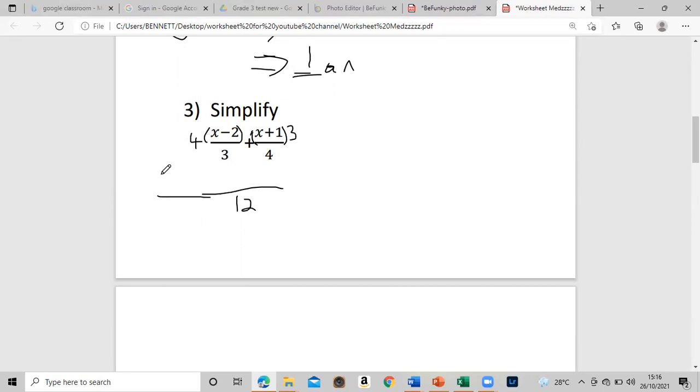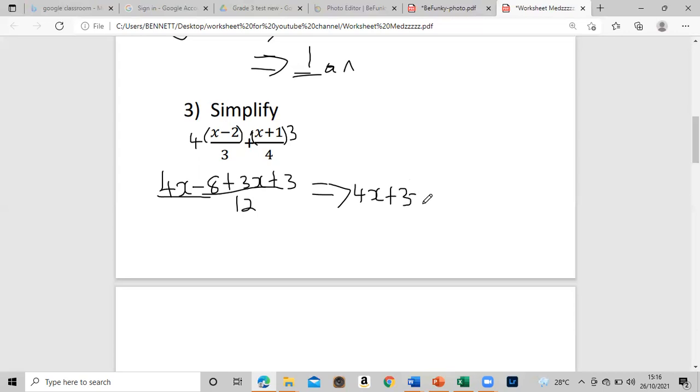So 4 times x, that's 4x. 4 times negative 2 is negative 8. Now this is a positive 3, so 3 times x, that's 3x. And 3 times 1, that is 3. So we group the like terms now, peeps. So it's 4x, all the x's come together, and all the numbers together.